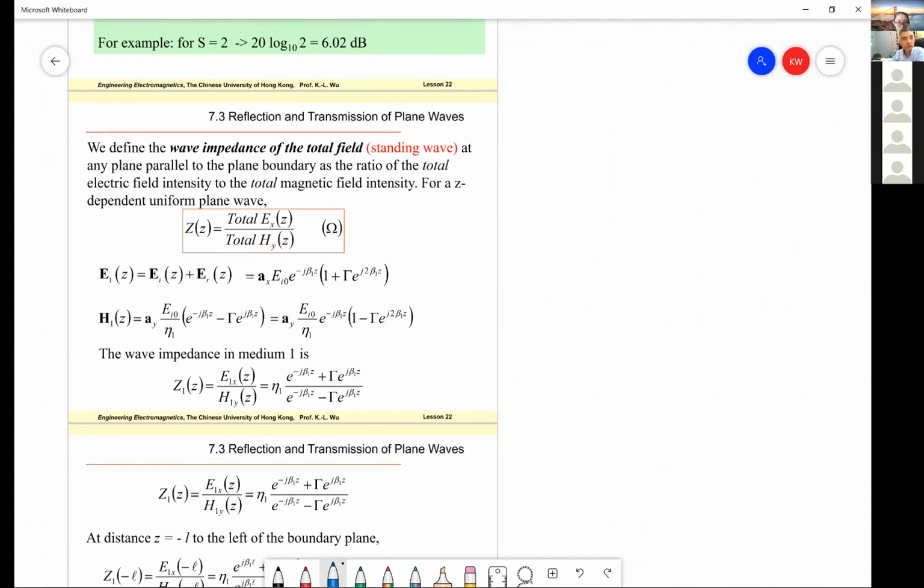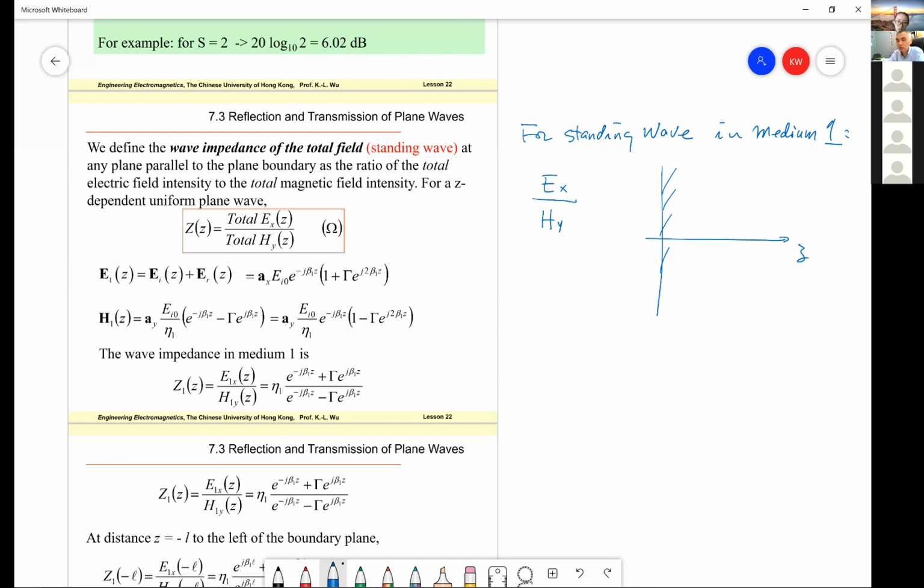Now we are also interested in, if we have an interface along this direction, we would like to know what is the total field divided by, if this is in the x direction and the magnetic field is in the y direction, and for a standing wave in medium 1.